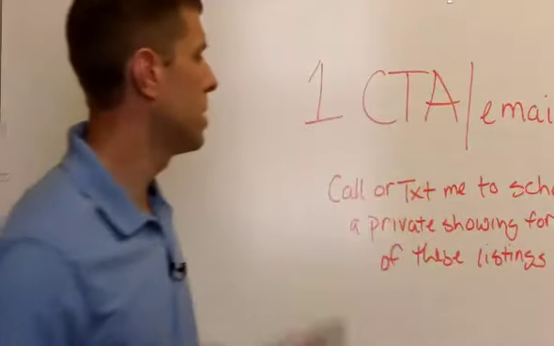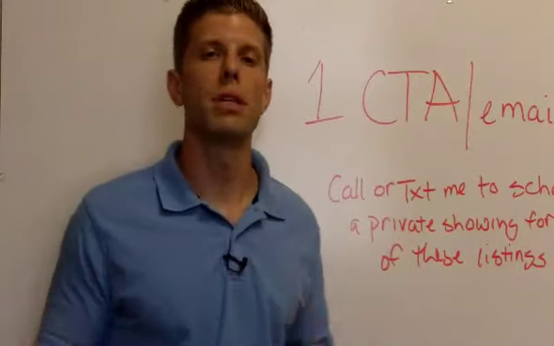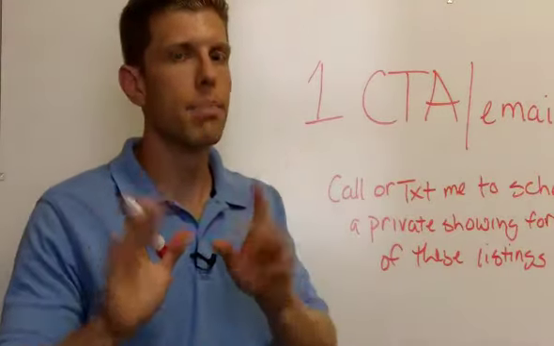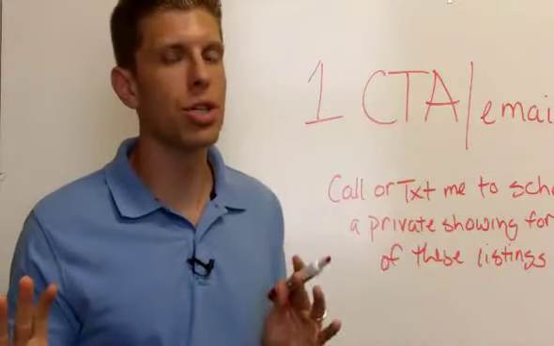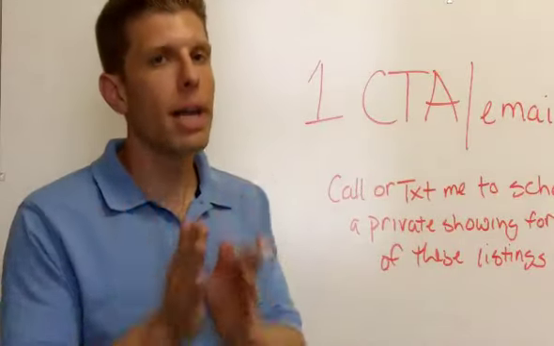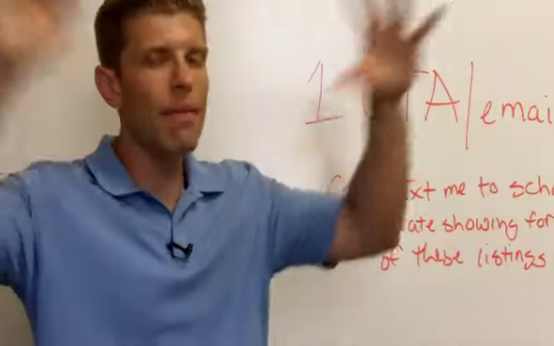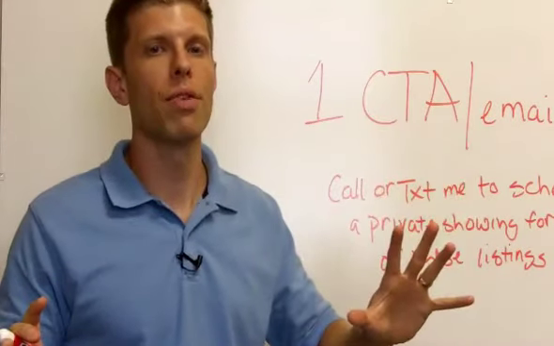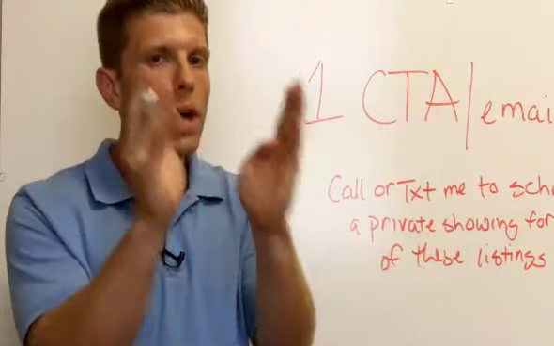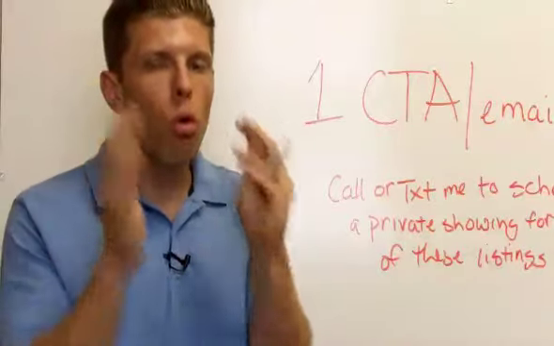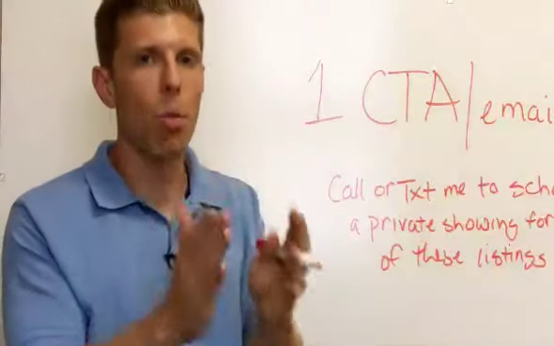Okay? Call or text me to schedule a private showing for any of these listings. Okay? Simple, not the greatest call to action in the world, but a single call to action. You can't have a bunch of different things going on in every email that you send out. One call to action. You're directing your database, telling them what to do.